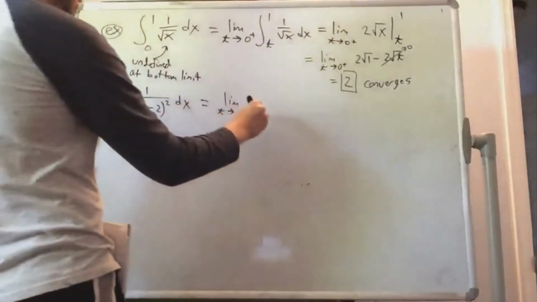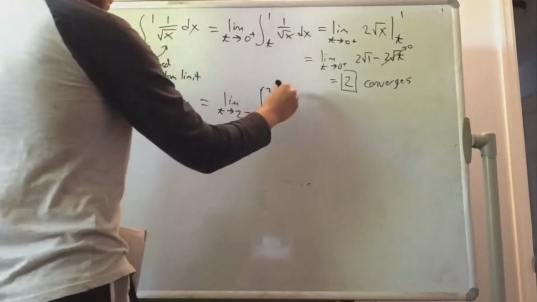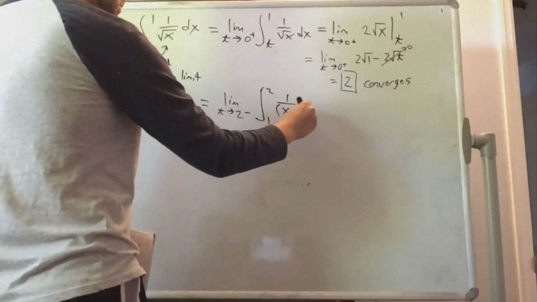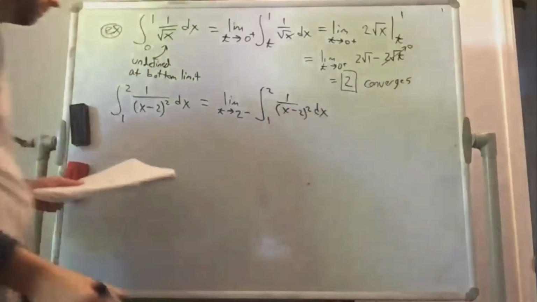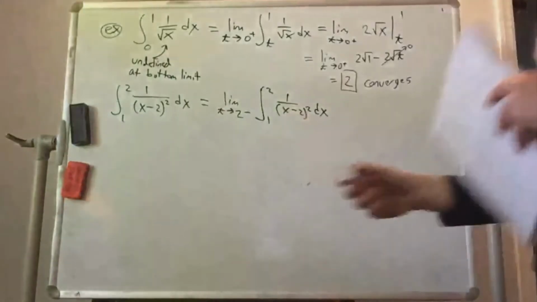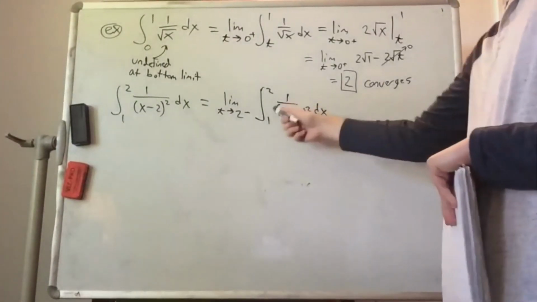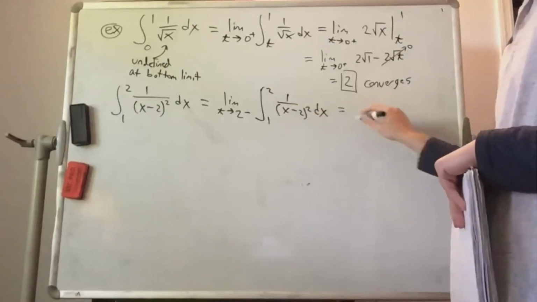Might skip that step. So anyway, integral 1 to 2 of 1 over x minus 2 squared dx. Technically, this is a little u substitution, but it doesn't really matter because du is equal to dx. So I'll just integrate it as if x minus 2 is my variable.